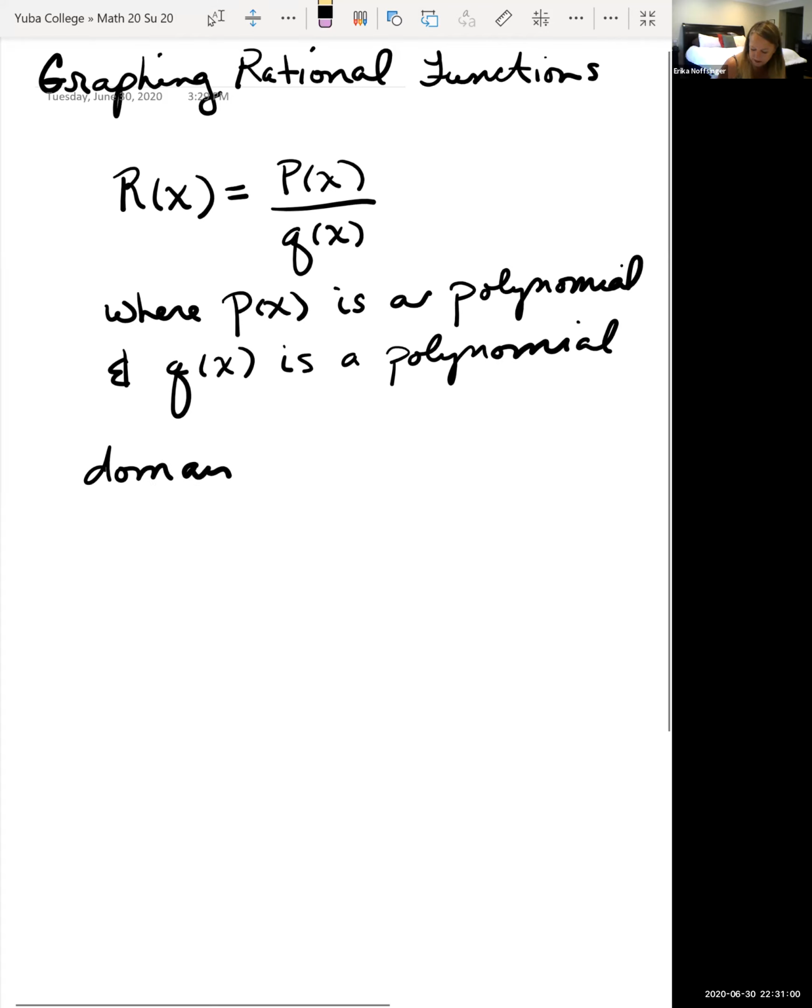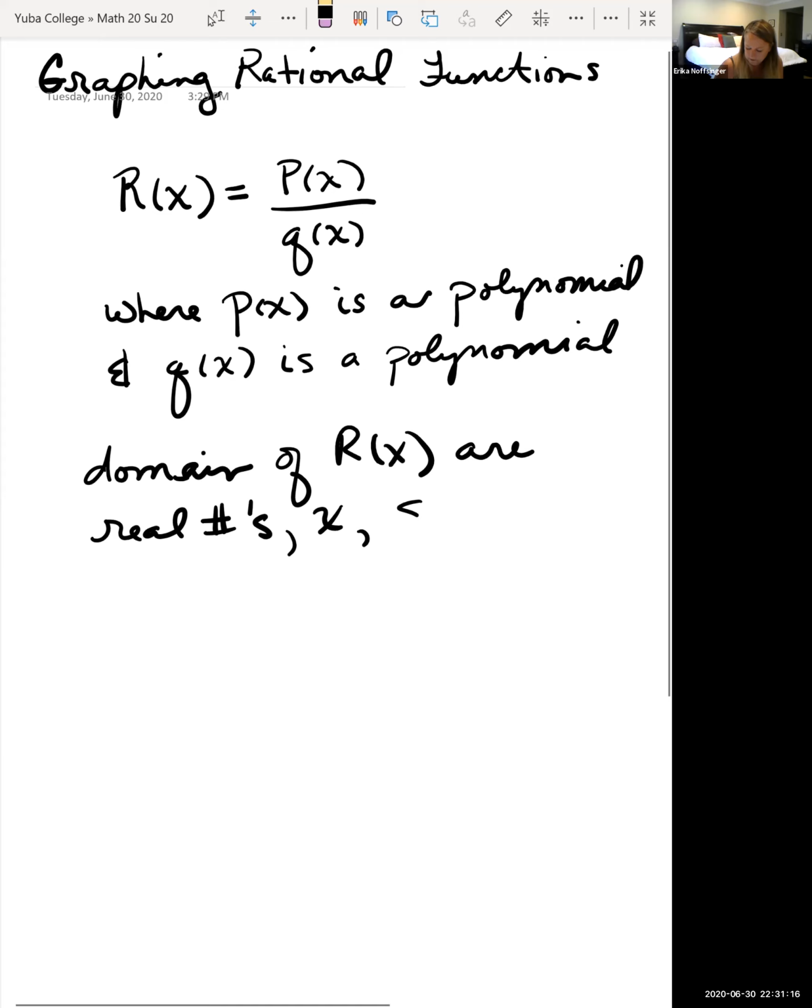So the domain of r of x are all real numbers x such that q of x does not equal 0. Okay, so those values which set that denominator equal 0 are kind of important values and will help us determine what's going on with our graph.